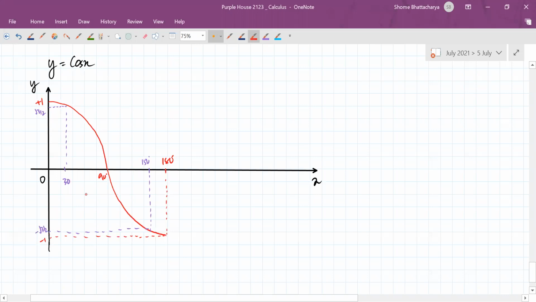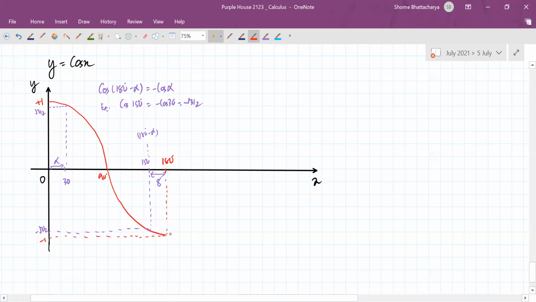So through this example, you can see the relationship that if this is alpha over here, then this value is alpha. So this angle is how much? It's 180 minus alpha. So we have the formula cos of 180 minus alpha is minus cos alpha. And hence the example that cos of 150 is minus cos 30, which is minus √3/2.